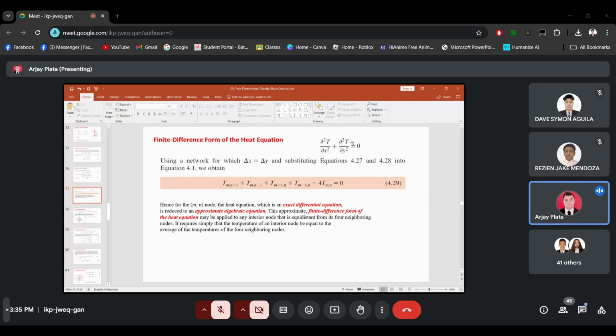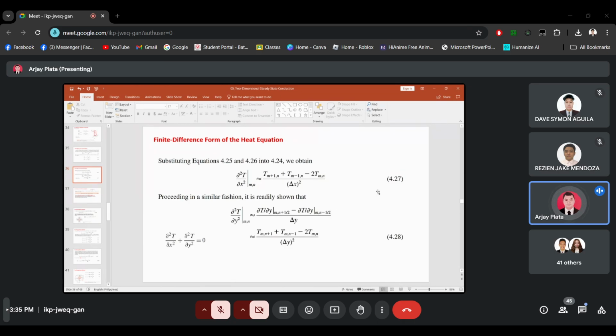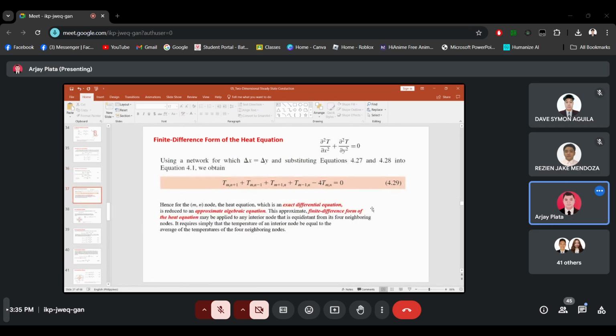Substitute equation 4.27, this is our equation 4.27 and this is 4.28. Substitute it into this equation. If you do that, we can get this equation 4.29.